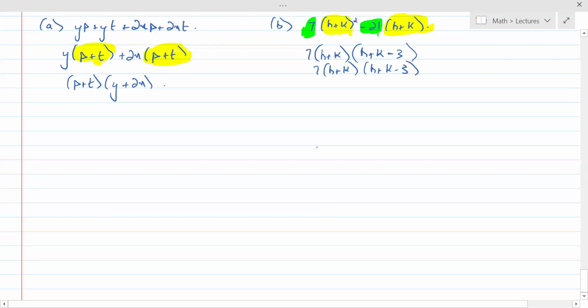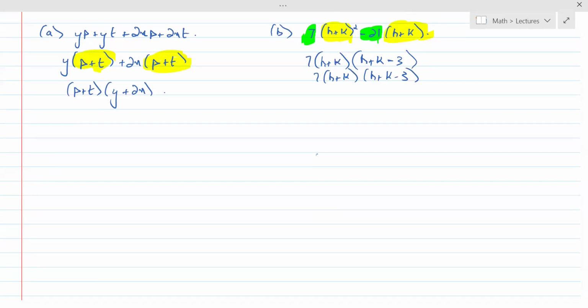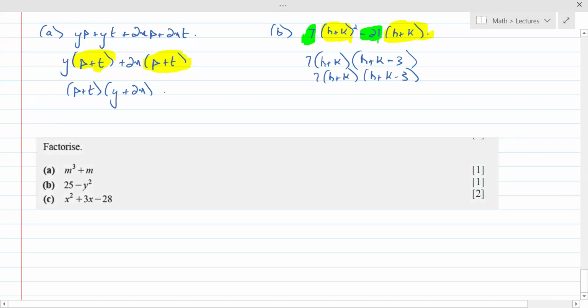Let's pick up one more example here. Again, a past paper question.